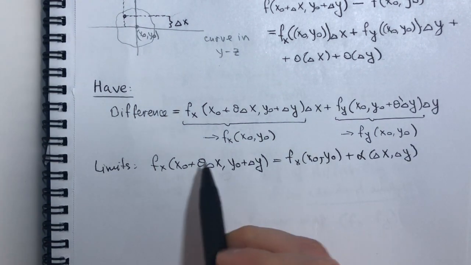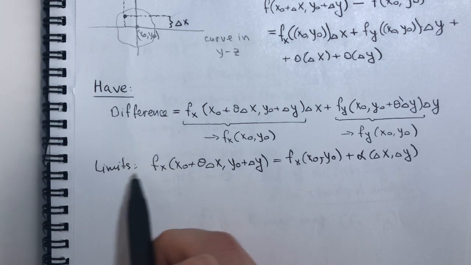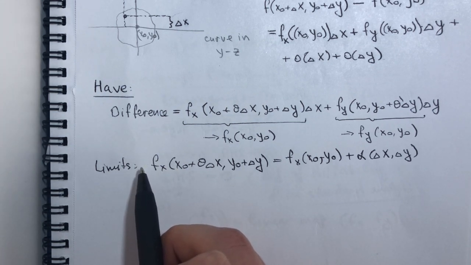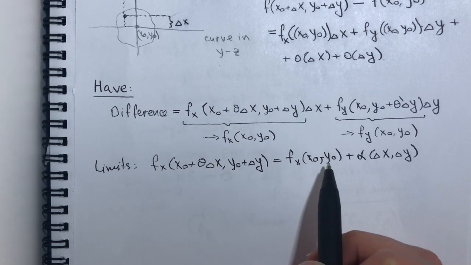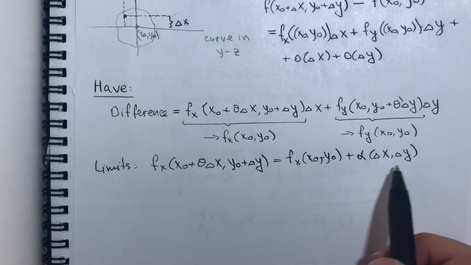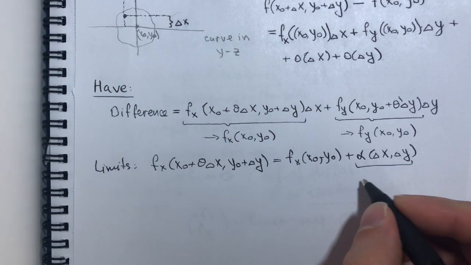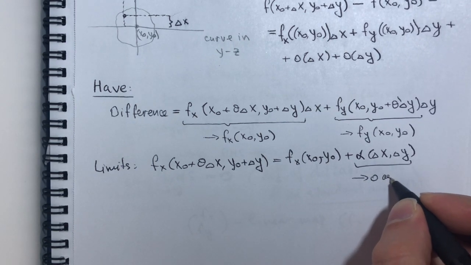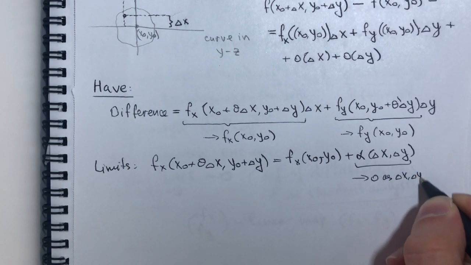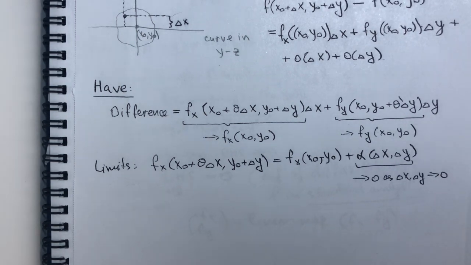But what do we know? Since if we take a limit on the left-hand side, this guy tends to this guy, this function has to tend to 0. So this guy tends to 0 as delta x and delta y tend to 0.